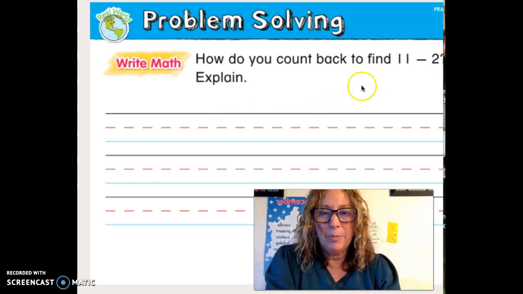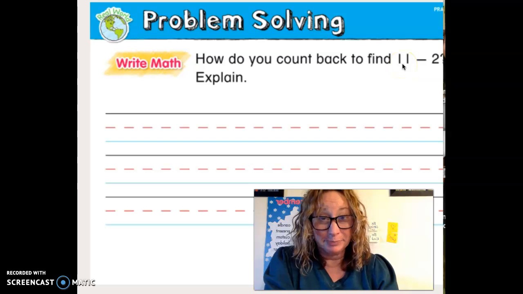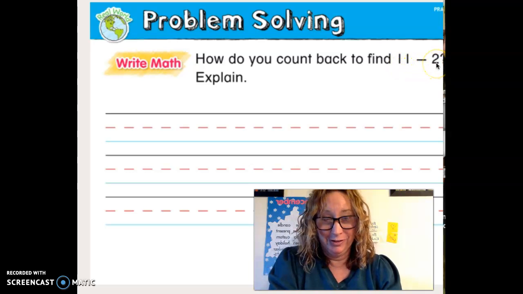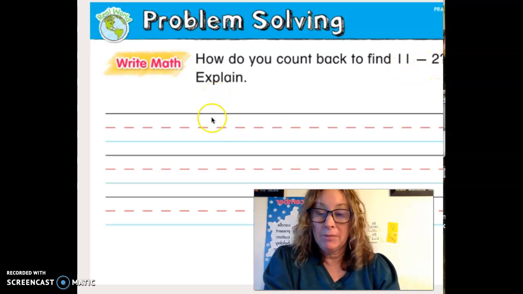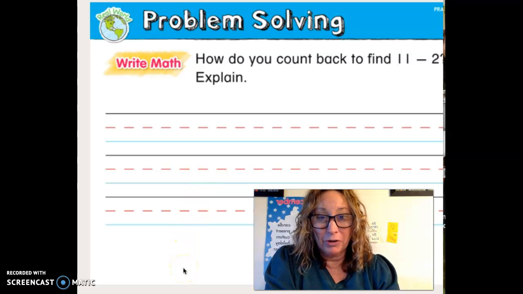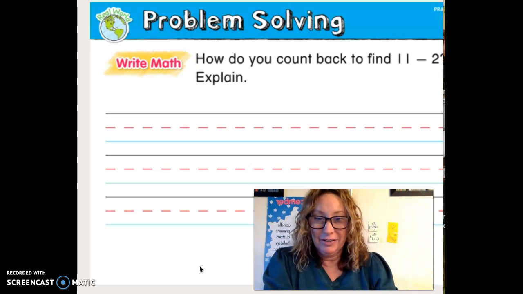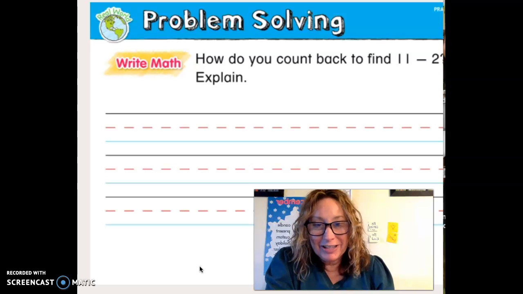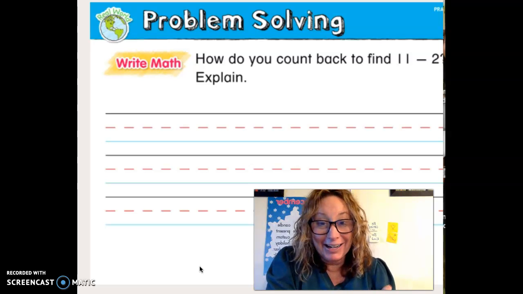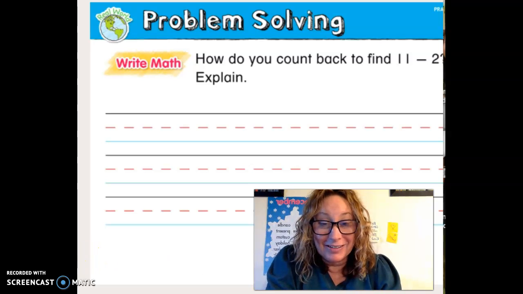Now, how do you count back to find 11 minus 2? And explain. So go ahead, you're going to get a chance to work on this, 11 minus 2, but work on counting back, okay? So you can work on this together with your class, and then come back and we'll go over the results.